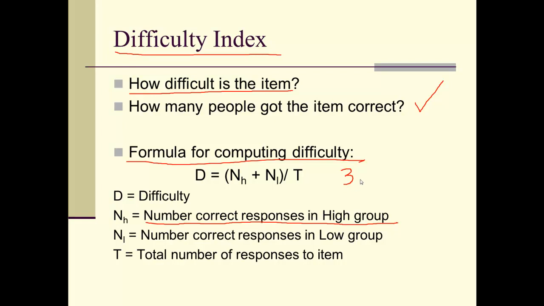And then we took our lower 5, and let's say 2 of them got it right. 2 out of the 5. And so we just add that up for a total of 5. And then we divide that by the total number of responses to the item. And so that would be what? 20. Because 20 people could take the test.